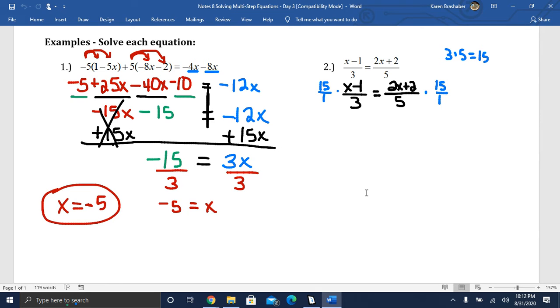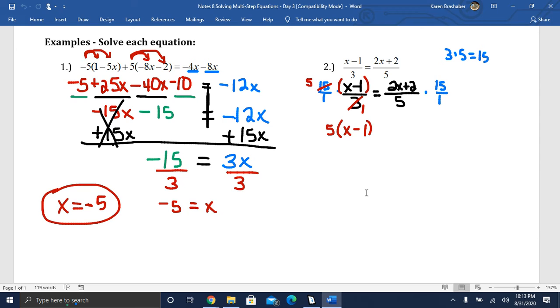So I can cancel. 3 divides into itself once. 3 divides into 15 5 times. And when I do this, I have to put a parentheses around my numerator x minus 1 because I'm going to be taking 5 times that numerator x minus 1.